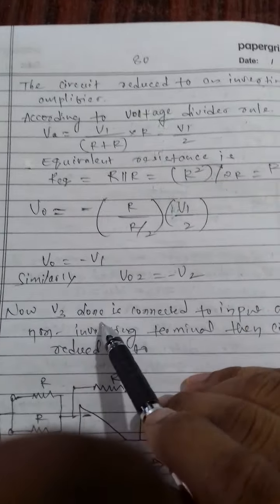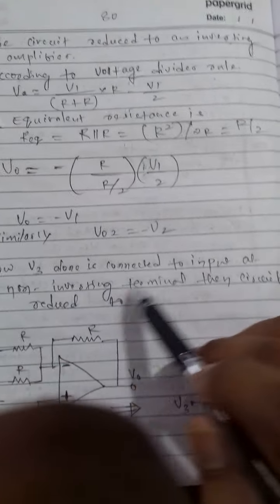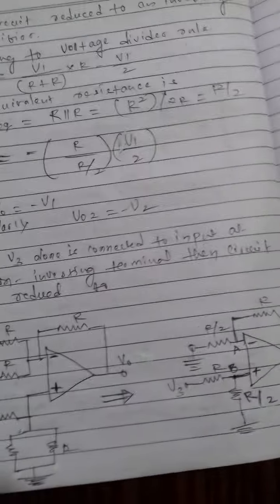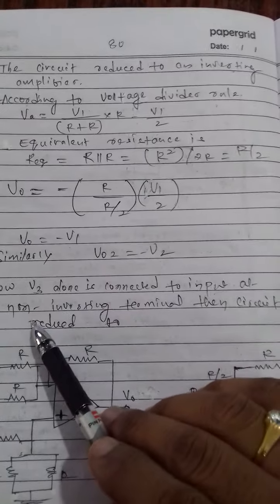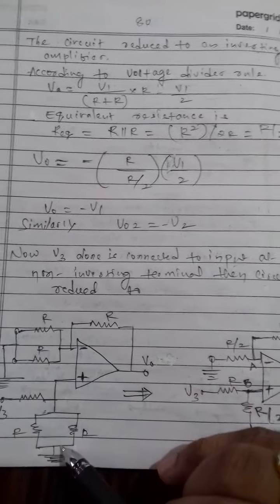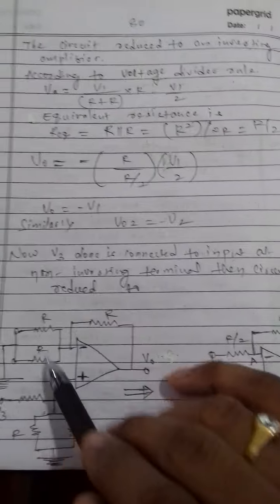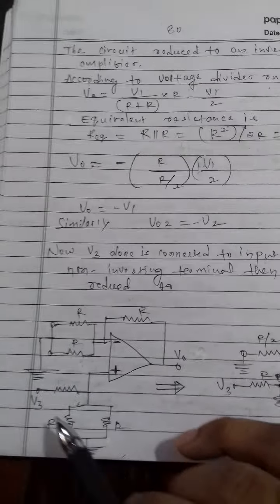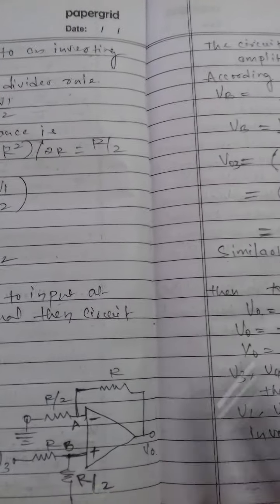Now V3 alone is connected to the input at the non-inverting terminal. Then the circuit reduces to this form, with V3 alone connected, and V1, V2 and V4 grounded.